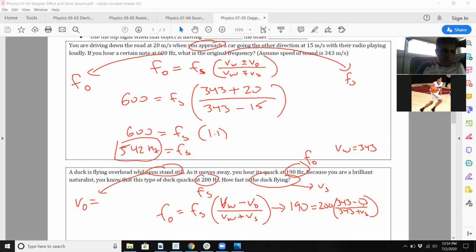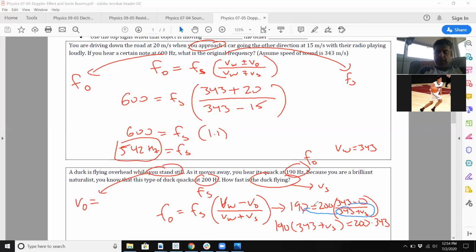Yeah, you could probably cross multiply. So 190 times 343 plus VS equals 200 times 343.